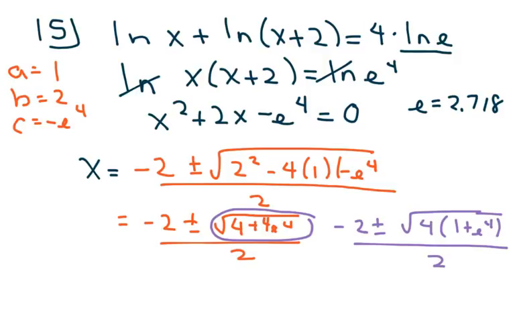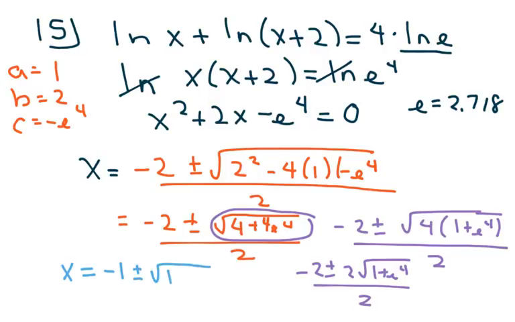So I'm going to get negative 2 plus or minus 2 root 1 plus e to the fourth over 2, which leaves me, I'm going to write it over here now, x equals negative 1 plus or minus square root of 1 plus e to the fourth.